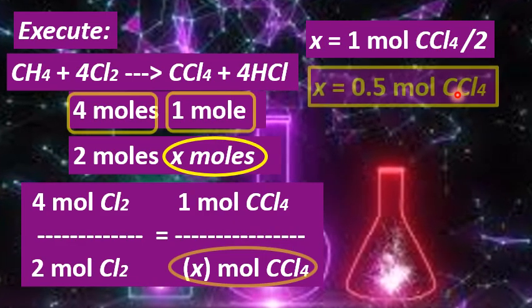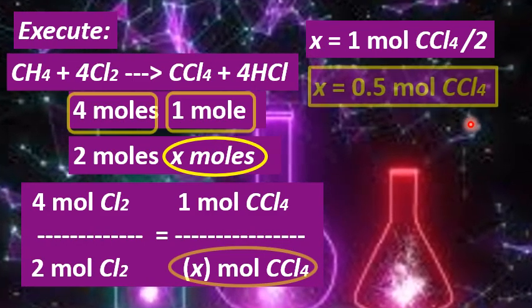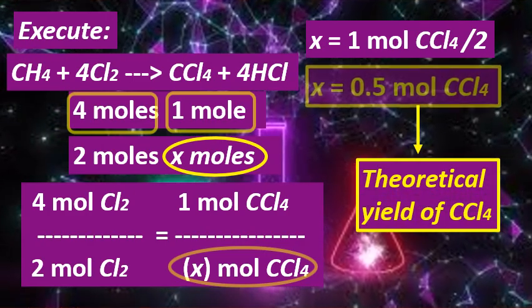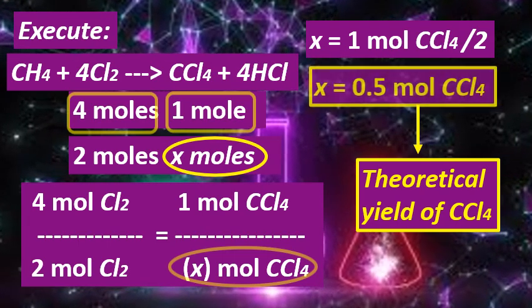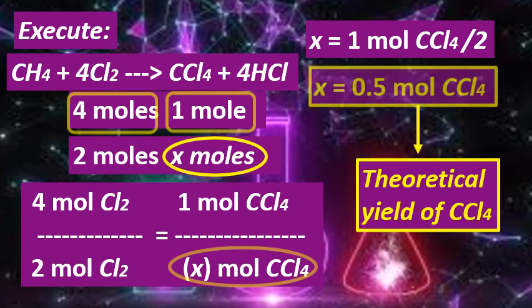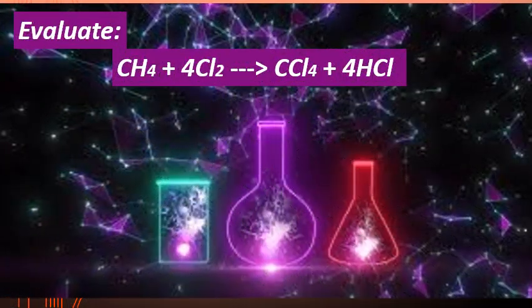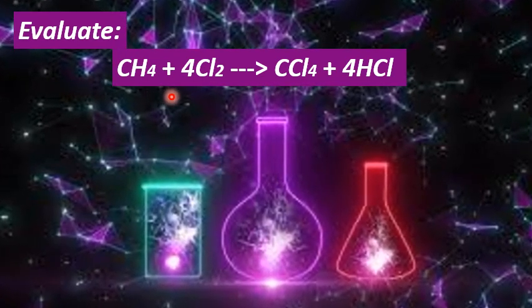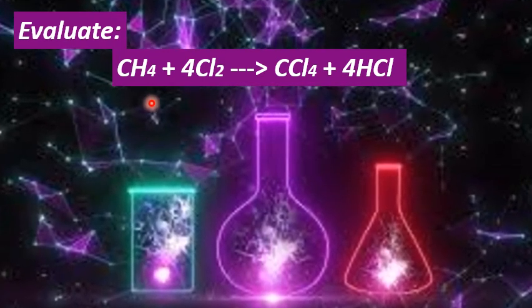And that means X equals 0.5 moles of carbon tetrachloride, which is the theoretical yield of carbon tetrachloride, being one of the products in this reaction. We can evaluate our results, all right?